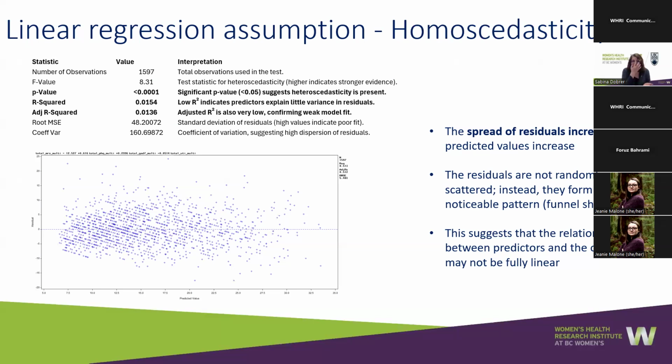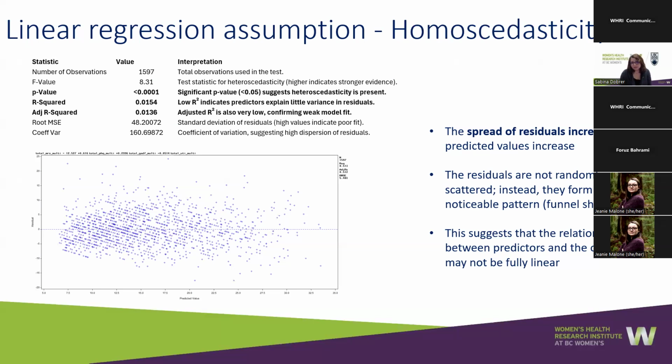So from the plot, this is again a plot from the PROC REG regression in SAS, the spread of residuals increases as predicted values increase. So it's not like a straight line. It means that the residuals are not randomly scattered. Instead, they have a pattern, which we can call a funnel shape.